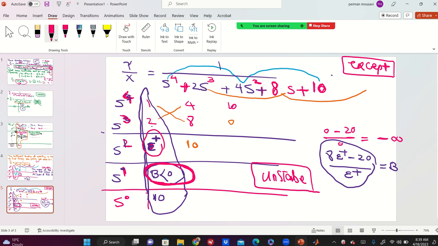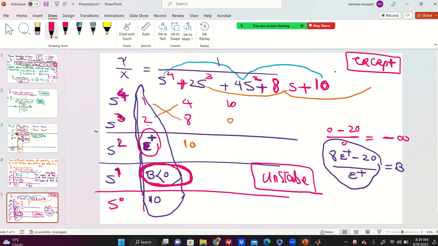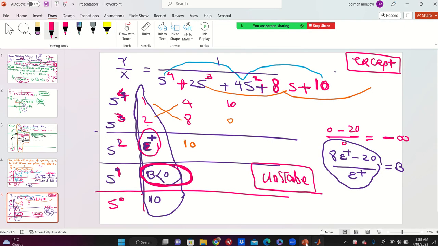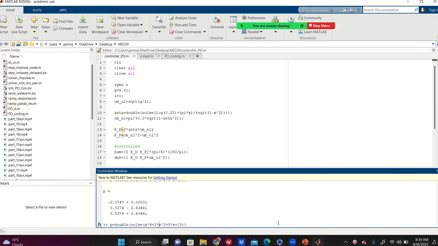So if you go to MATLAB, you see that it is 1, 2, 4, 8, 10. So if I solve this equation, 1, 2, 4, 8, and 10.